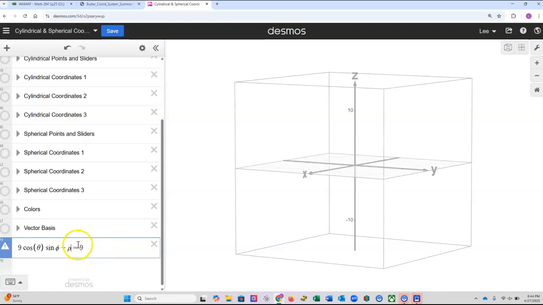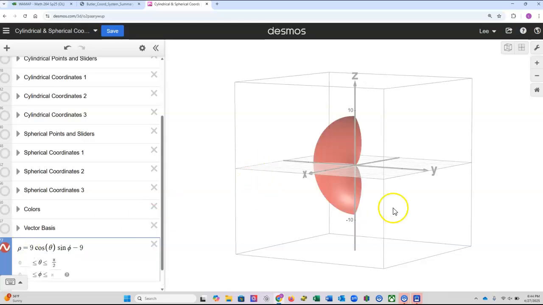So you might have to put things in terms of rho. So I might say minus 9 equals rho. Still not sure if I put rho equals in front. Let's see. Not PHO, RHO. Now it knows what to do.